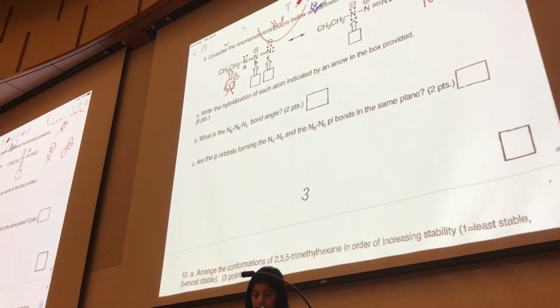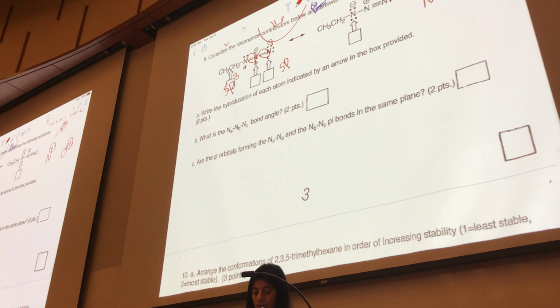So let's look at nitrogen B, for example. Right here, we have 2 groups attached to that nitrogen, so that would lead me to believe that this would be sp, s and p, that's why there's 2. However, I'm going to look over at the resonance structure that has been drawn.